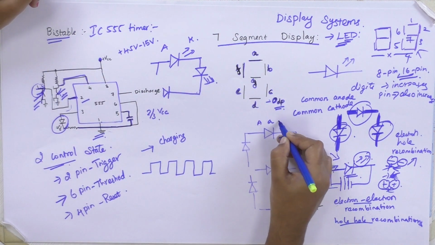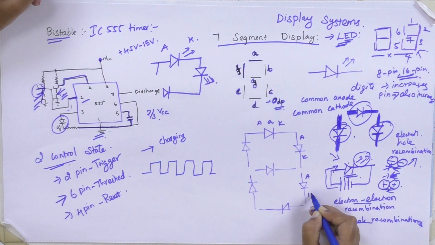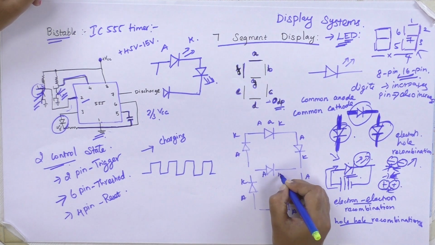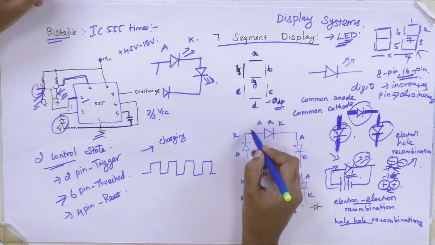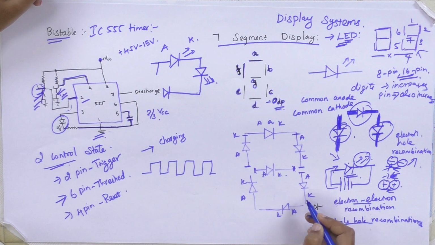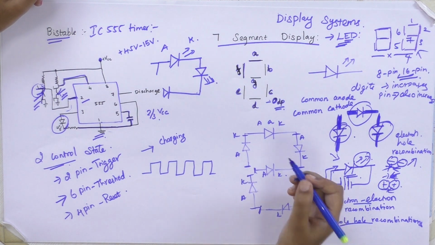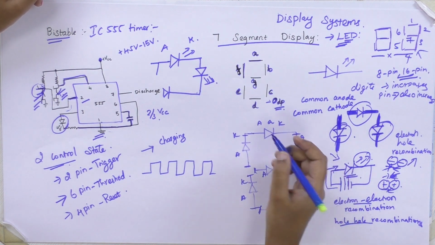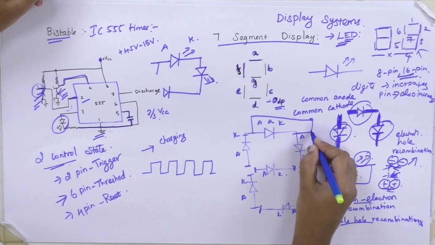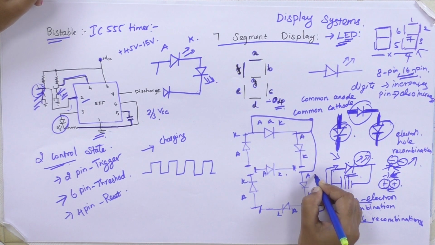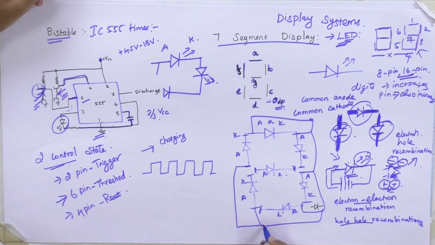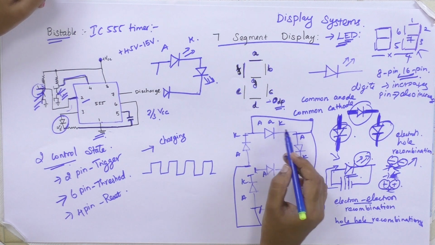See, this is anode, this is cathode, anode, cathode, anode, cathode. There will be no connection between these. All your anode pins are connected common, and you will have a separate cathode for each.